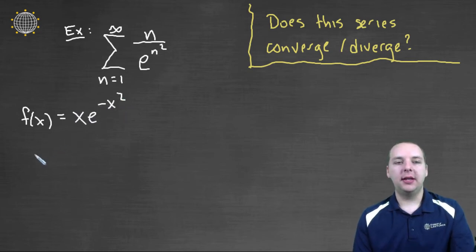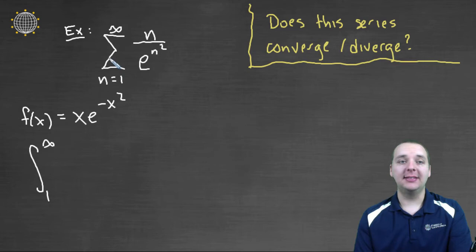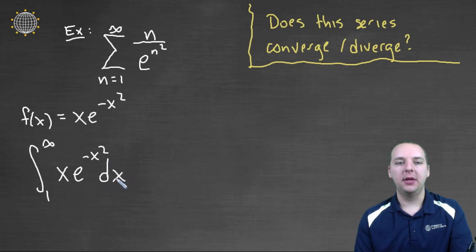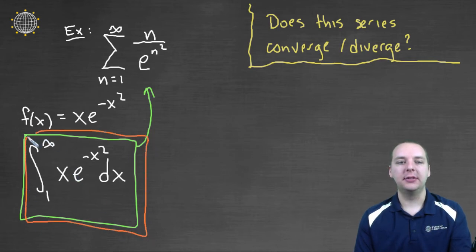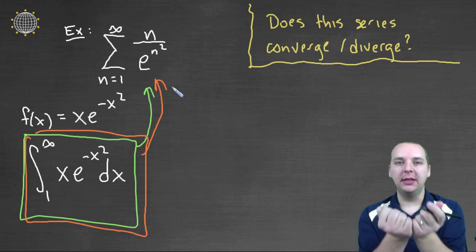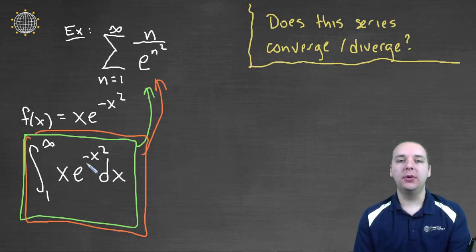The integral test says that if you take the integral from 1 to infinity of x e to the negative x squared dx, because these functions match at every integer value, then if this integral converges, so does the series, or if it diverges, so does the series. They're inextricably linked together, so because we can compute this, we'll find its convergence, and then based off of that, we can talk about the series' convergence.